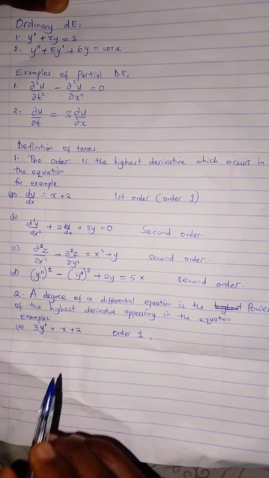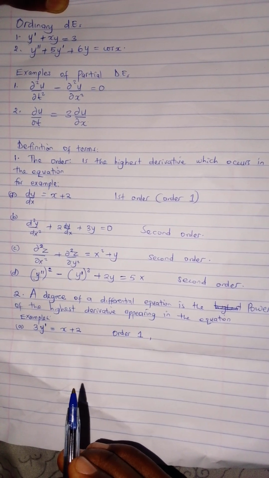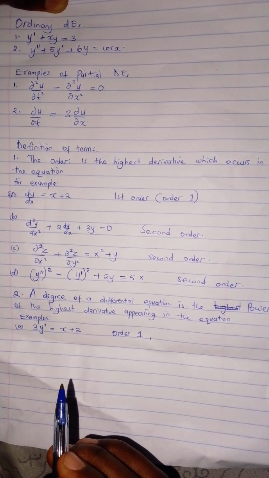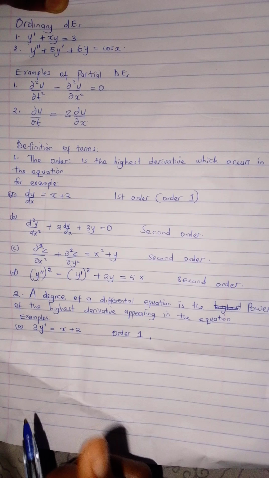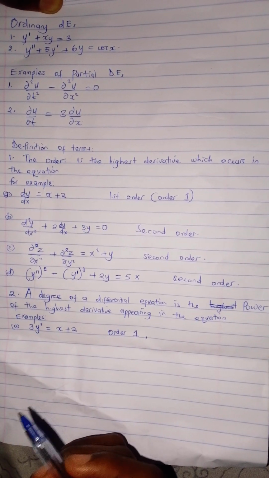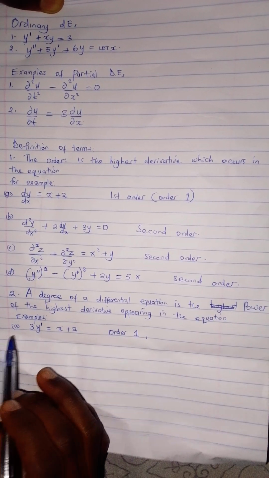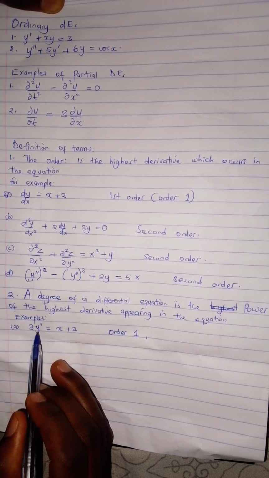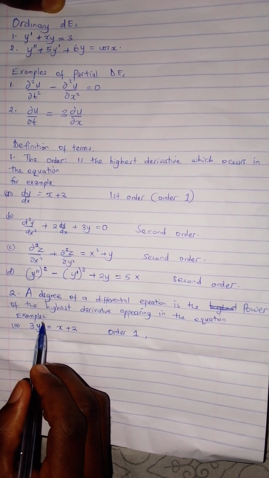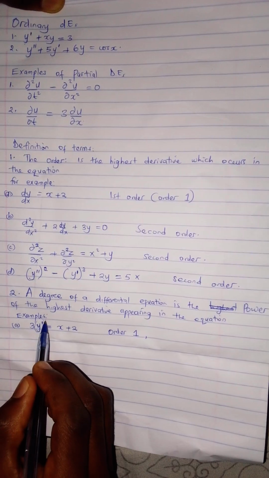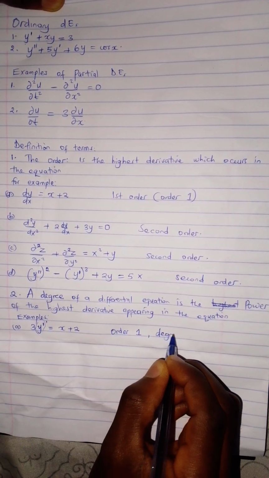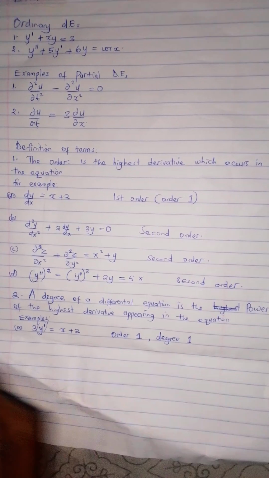Then now the highest power, here in the degree we don't talk about the highest power, but we talk about the power of the highest derivative. And our highest derivative, of course, is this first derivative, and its power is 1. It is already power 1, so we say order 1 degree 1.